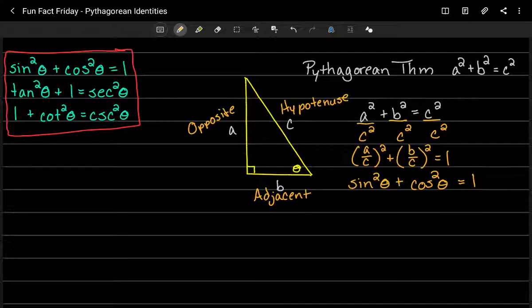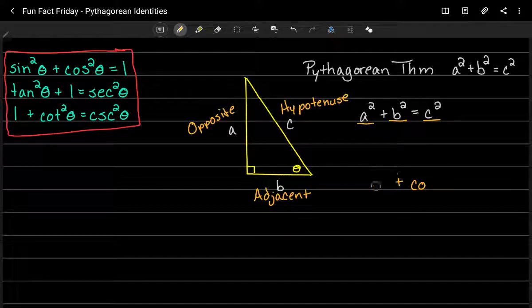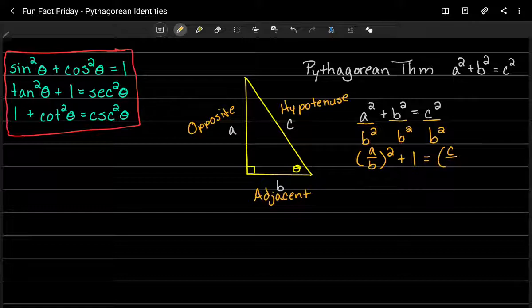This will actually work for the other two Pythagorean identities as well. We just need to change which length we divide by. So let's go ahead and divide by b squared and see what happens. If I divide by b squared, then I have a over b quantity squared plus 1 equals c over b quantity squared.